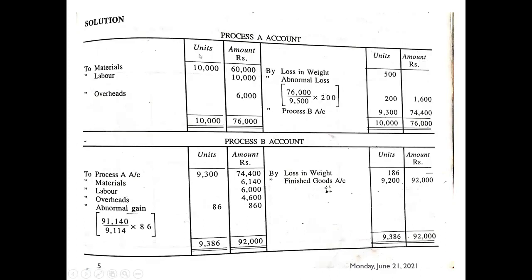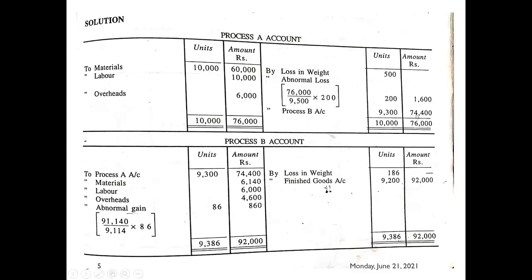Divided by normal output, that means the debit side units, 10,000 minus normal loss 500, so 9,500, into units of abnormal loss, 200. Now calculate it. It will be 1,600. Now balance it: total 76,000 minus 1,600, so the balancing figure will be 74,400.